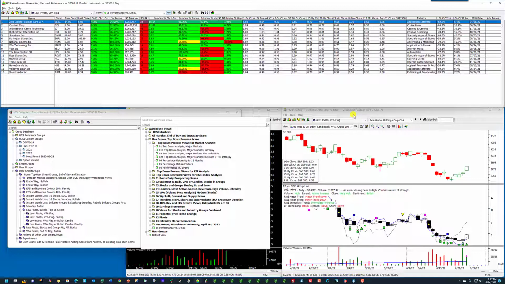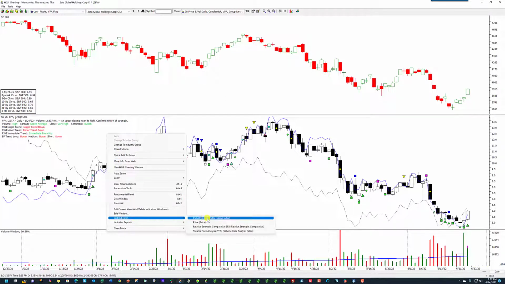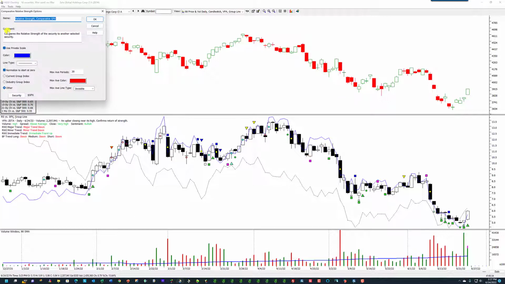What I've put together here are some charts using the comparative relative strength of a stock or an index to the SPX or the S&P 500. The way this works is I'm going to edit the indicator and go to the relative strength comparative, and it is represented by the blue line.